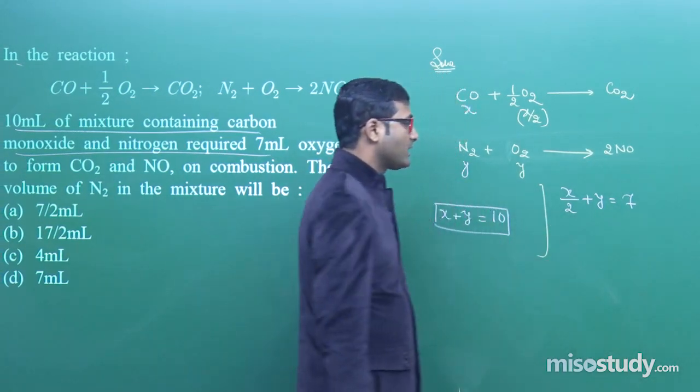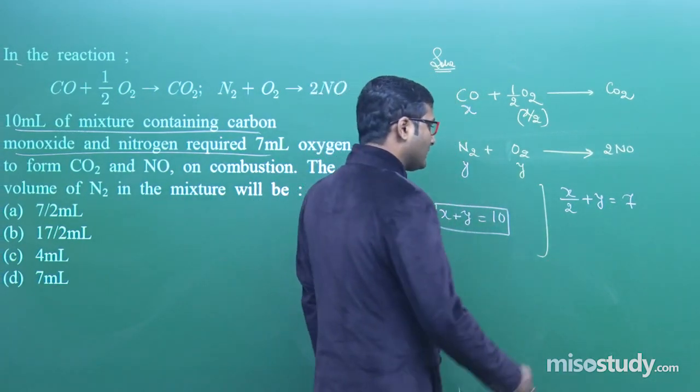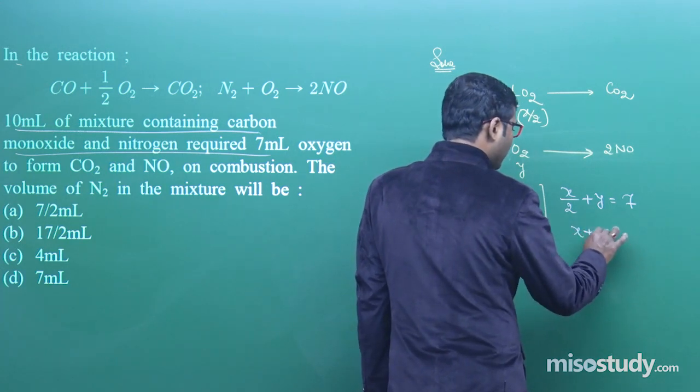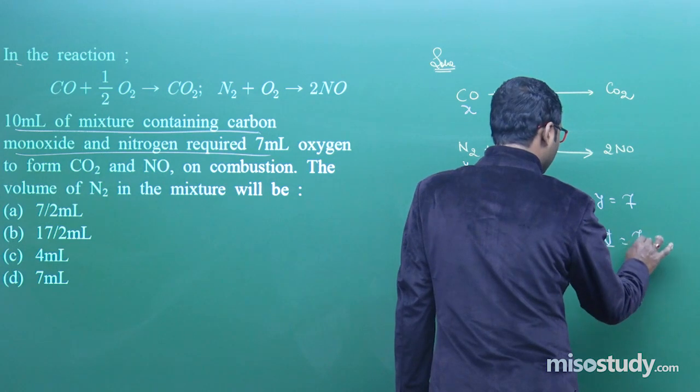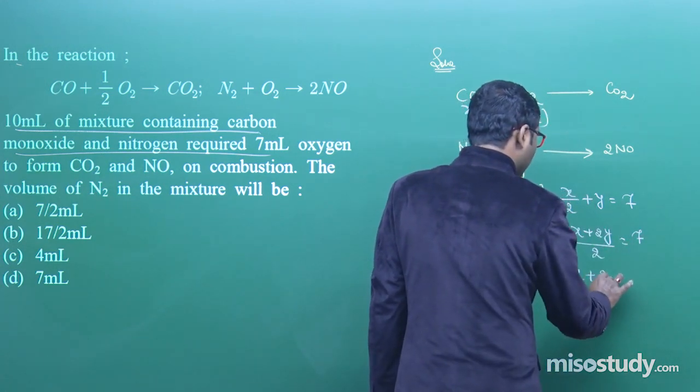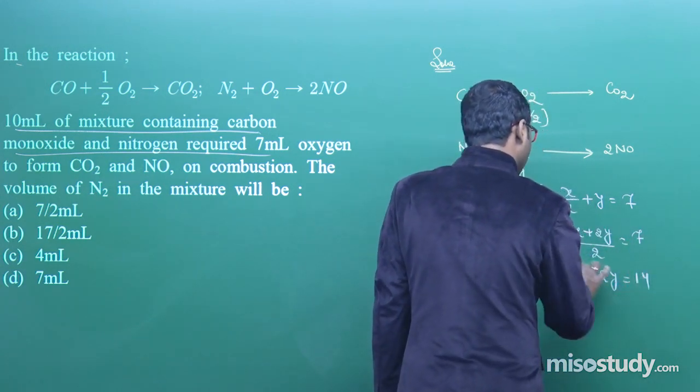Now take the LCM: X plus 2Y upon 2 is equal to 7. So X plus 2Y is equal to 14.